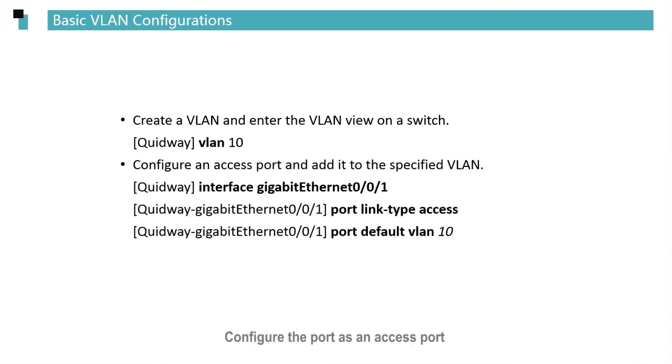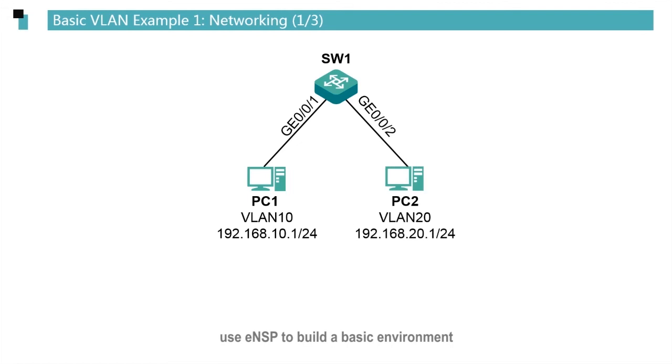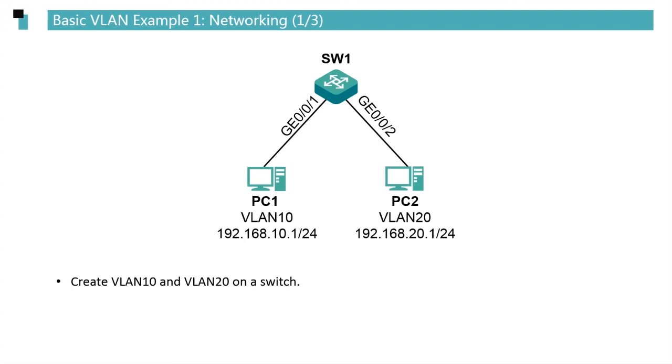Configure the port as an access port and add it to a specified VLAN. First, use eNSP to build a basic environment. Add two S5700 switches. Connect each switch to two PCs. Start all devices. Create VLAN 10 and VLAN 20 on the switch.